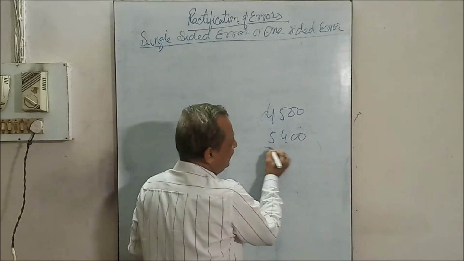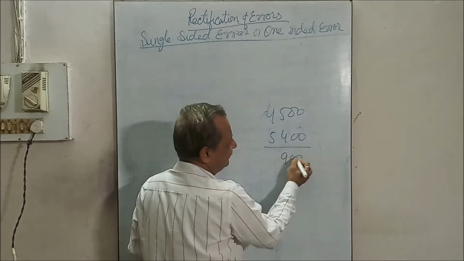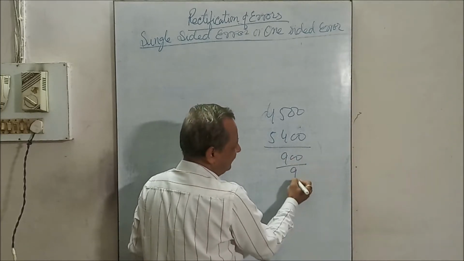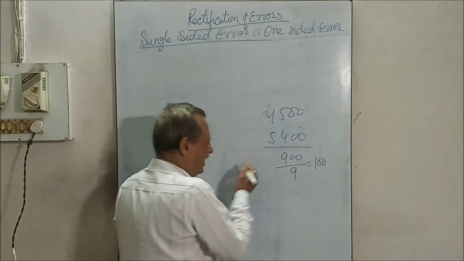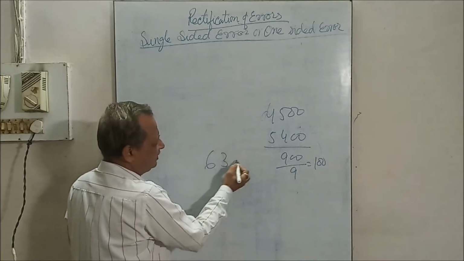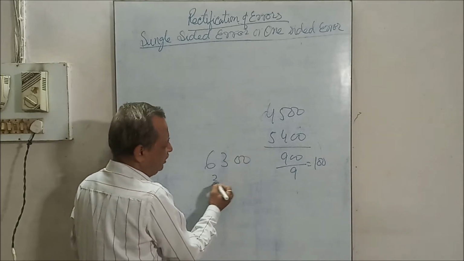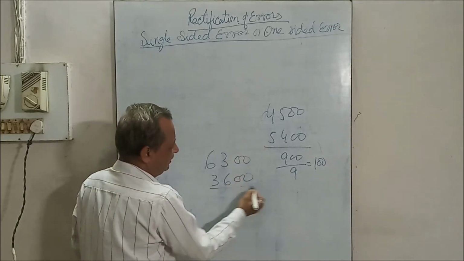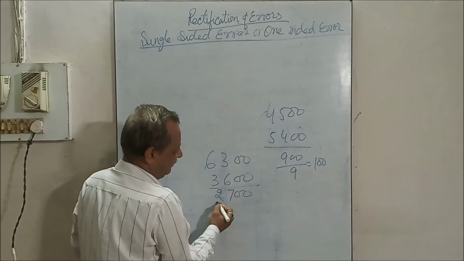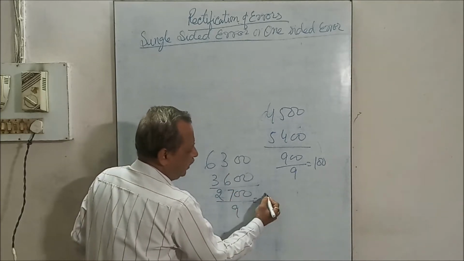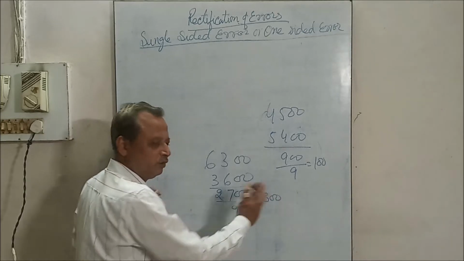The difference between them is 900. Divide it by 9 and it is divisible. Or take any figure: 6,300 you have to write, but wrongly you have written 3,600. Divide by 9. In all such cases, it will be divisible by 9 equally.